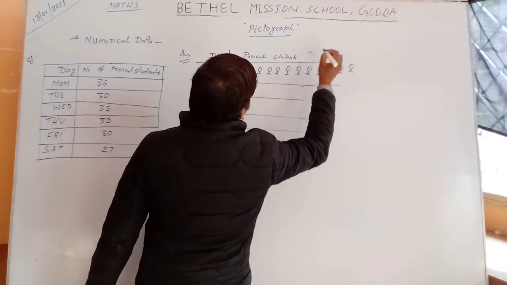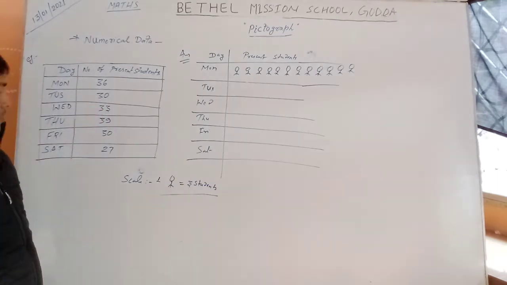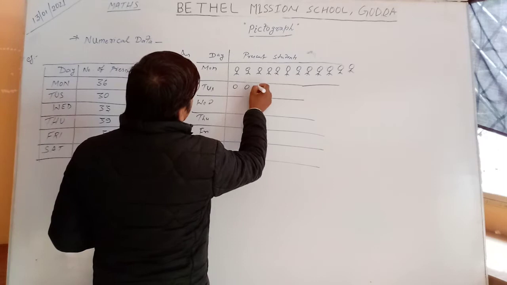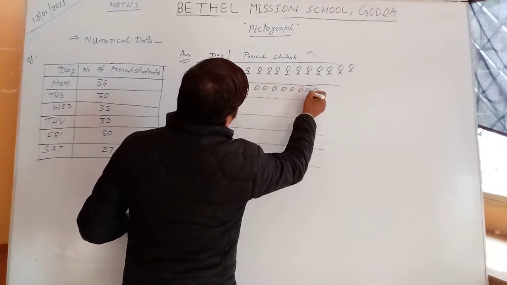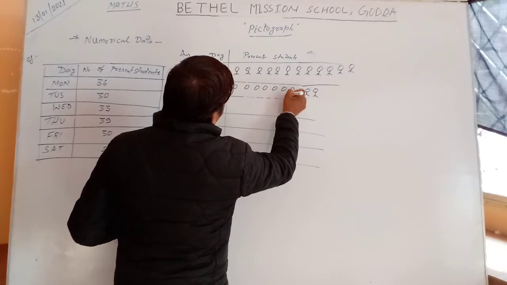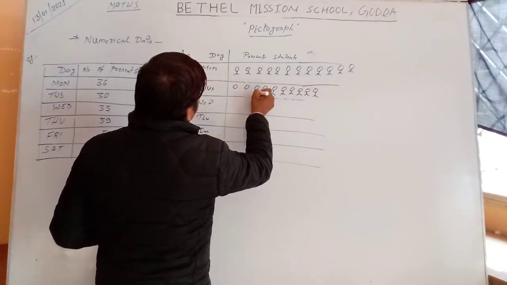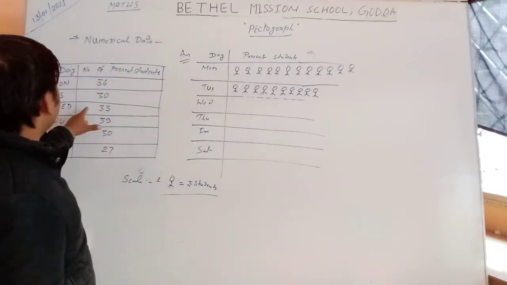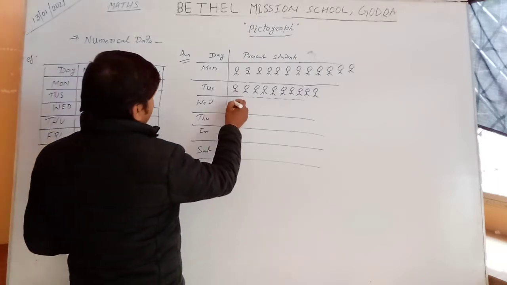Okay, on Tuesday 30, so you have to make 10 figures. So make 10. On Wednesday 33, so you have to draw 11.